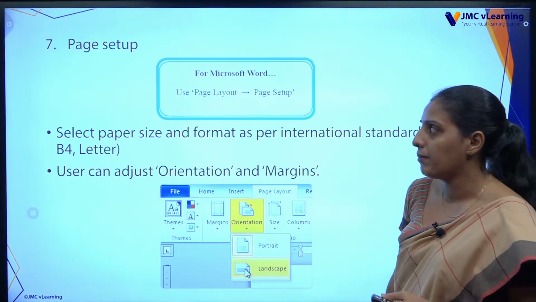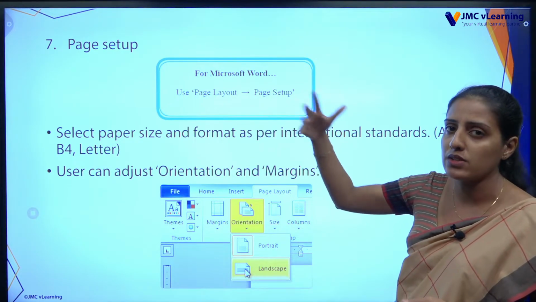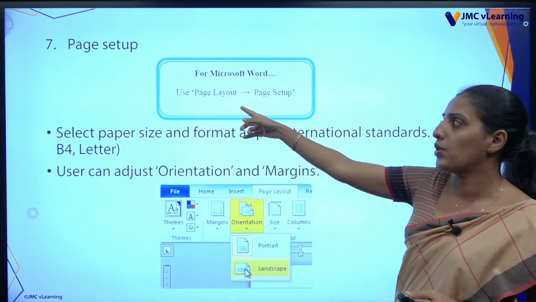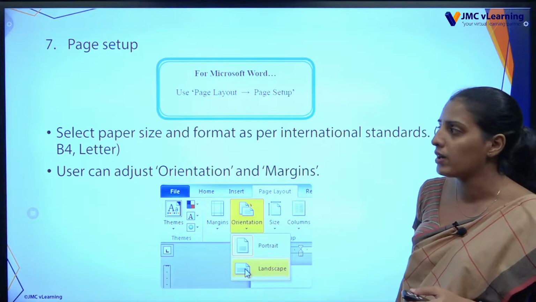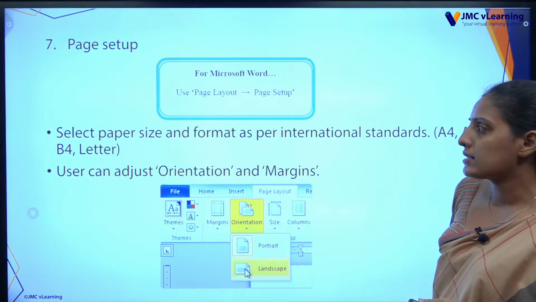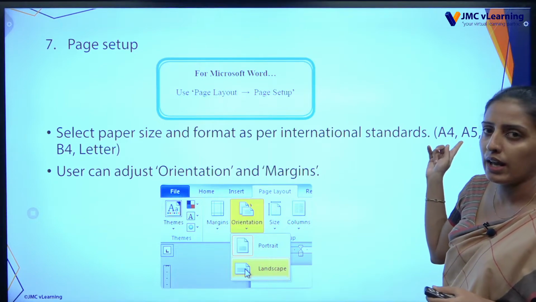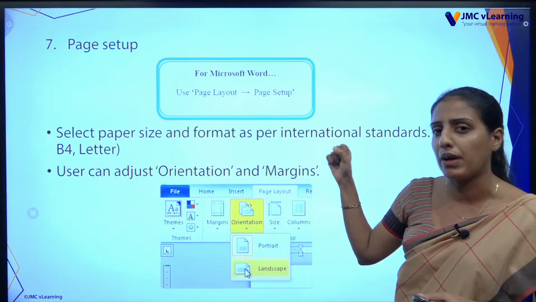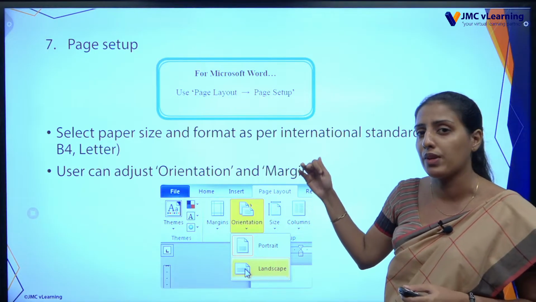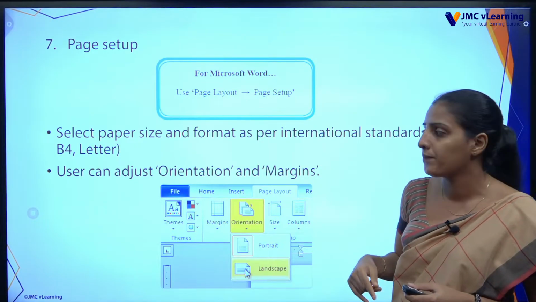Then page setup. If you want to change the settings of the page, you have to go to the Page Layout tab and the Page Setup group. Select paper size and format as per international standards, A4, etc. That means you can select any international standard paper size from the Page Layout, Page Setup group.